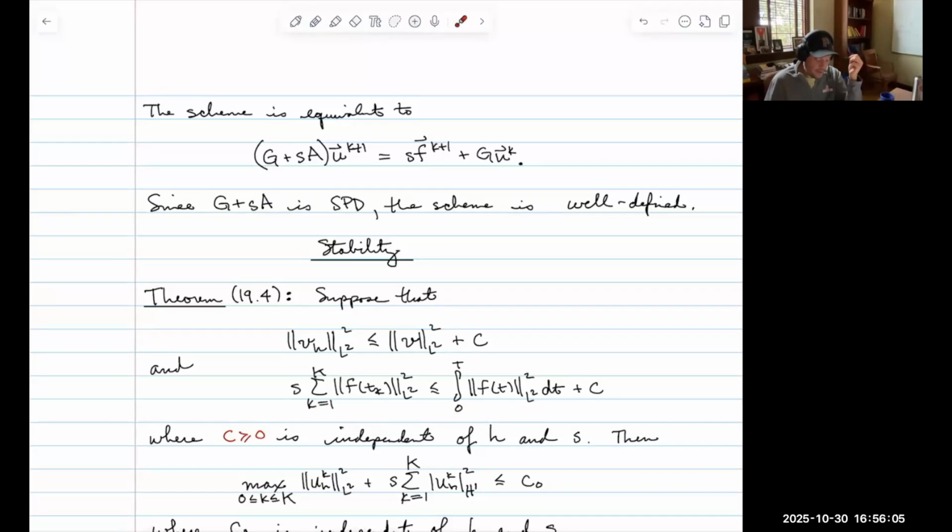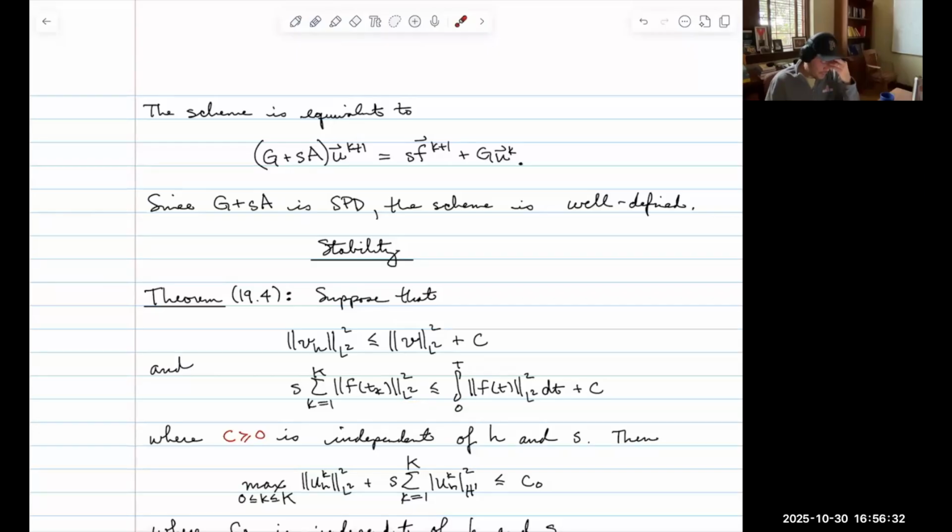It's off by an error. But the good news about the error is that once I pick my initial mesh, this is going to get better and better as H and S get smaller and smaller.